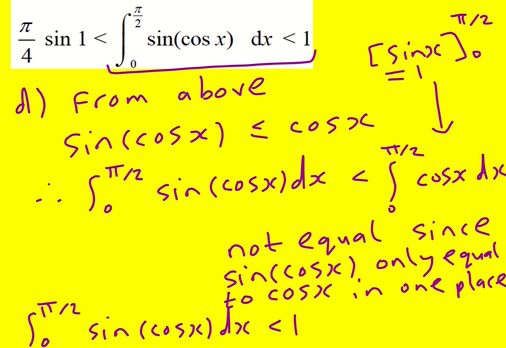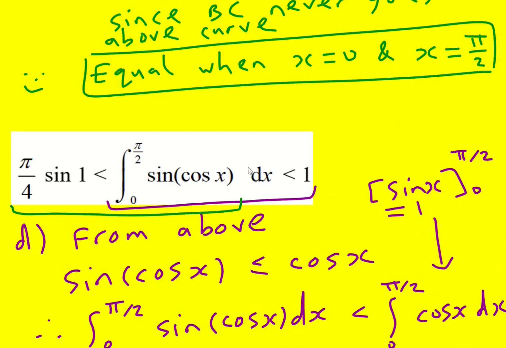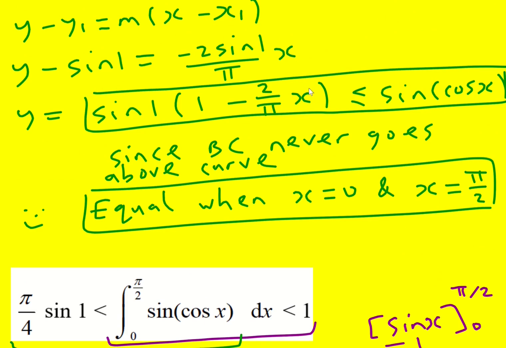Now we have this slightly more awkward bit to look at. But remember from above, we've got this other inequality that this is always less than or equal to sine cos x. Now remember, this was the equation of BC.